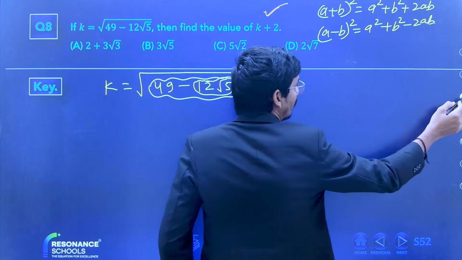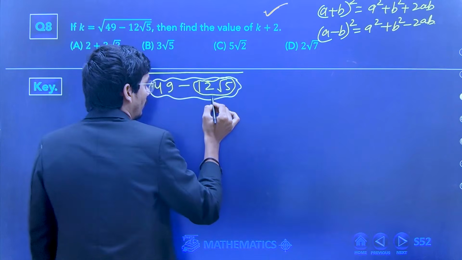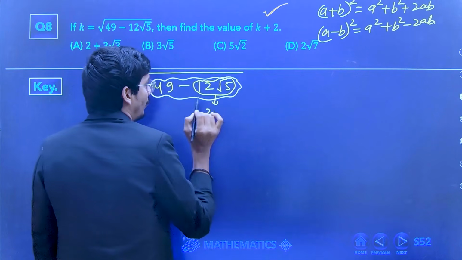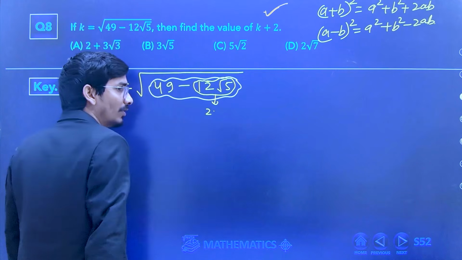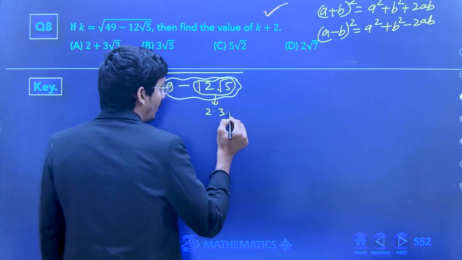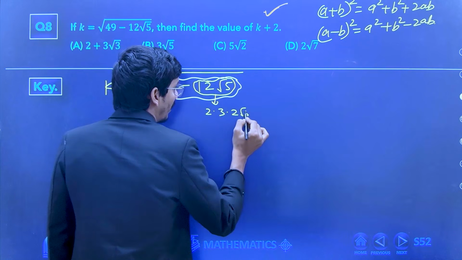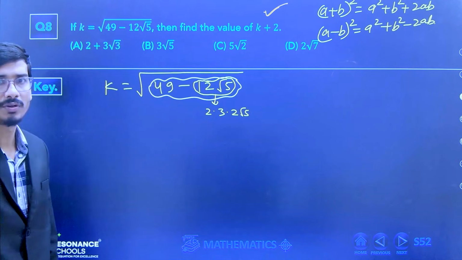Again we will write this number as 2 into 3 into 2 root 5.